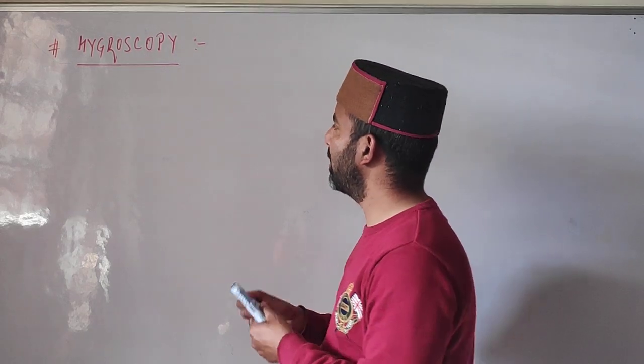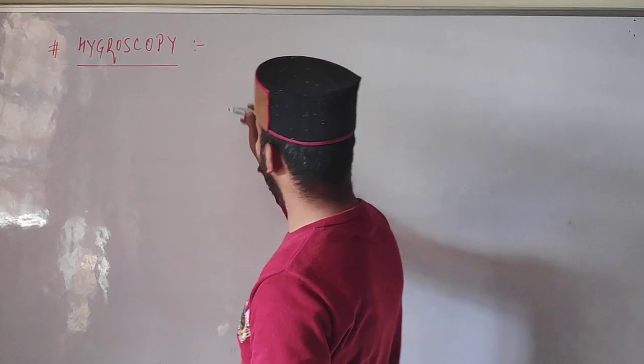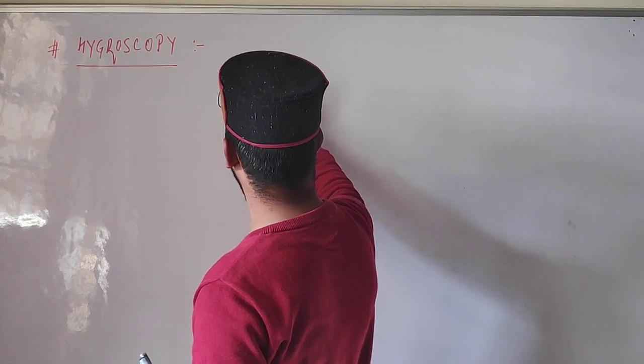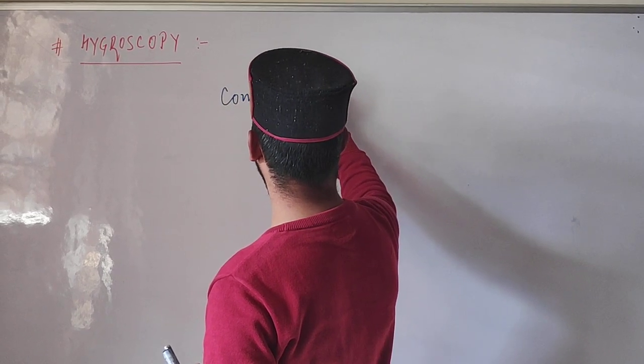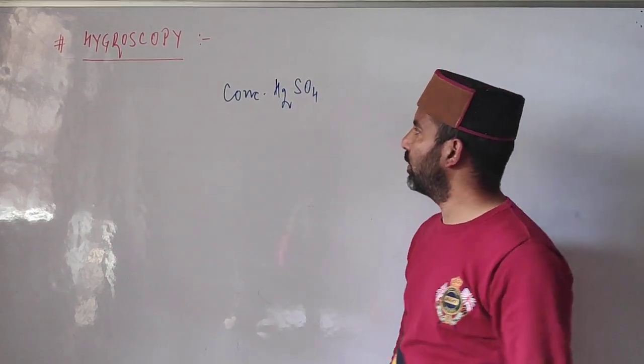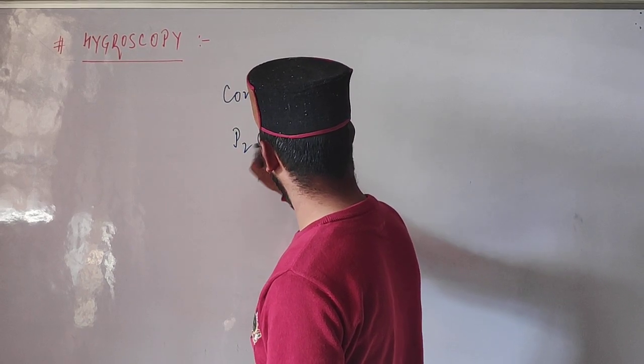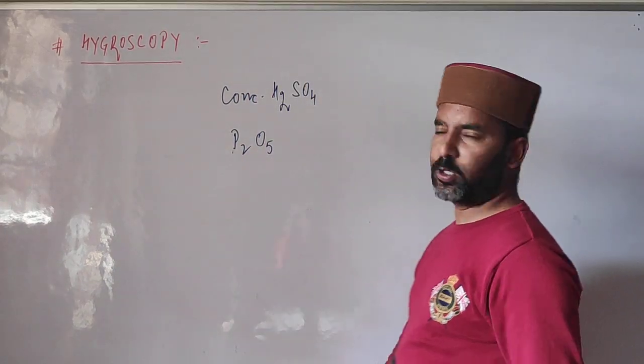Now I have some examples of hygroscopic substances. For example, students, concentrated H2SO4 is a hygroscopic substance as it can absorb moisture from the air. Then we have phosphorus pentoxide, which is also a hygroscopic substance.